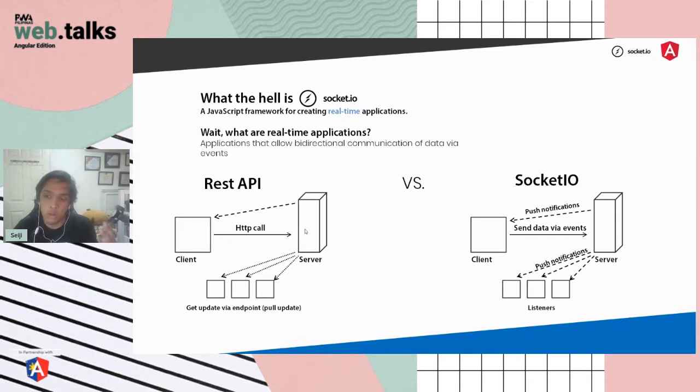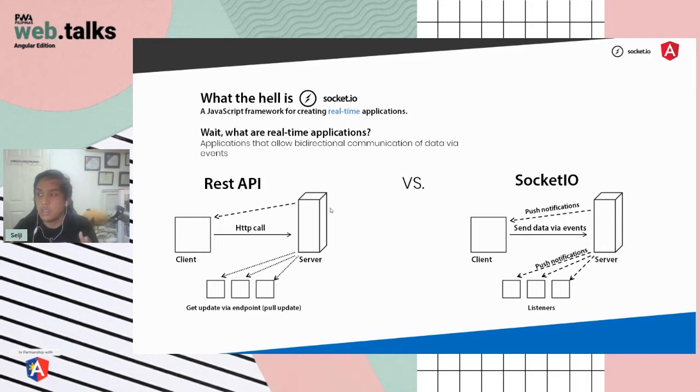But in order for us to get the data back on our front end or client browser, we should refresh our browser, because this does not contain push notifications. It's not a bidirectional communication for our front end and back end application.